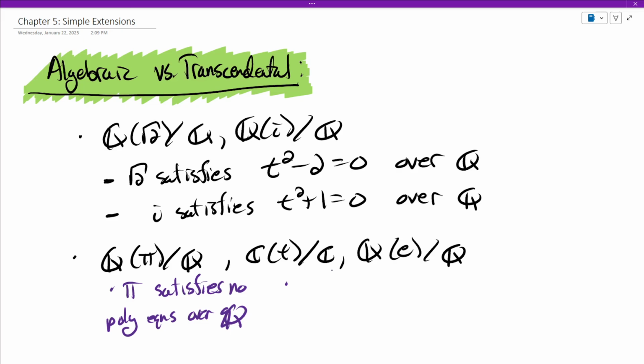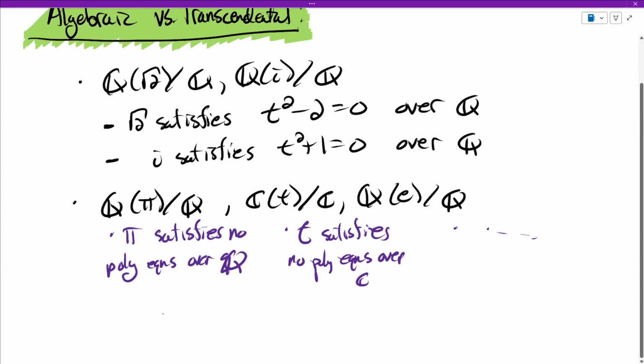Well, C already has the solutions to all of its equations. So t is a new thing. It can't be a solution, because then it wouldn't be new. It would already be in C. So t also satisfies no polynomial equations over C. And similarly, e is also transcendental, meaning it satisfies no polynomial equations.